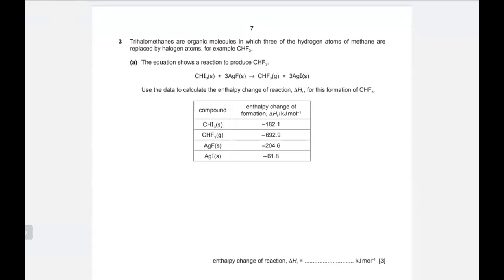They gave you all the formation enthalpies, so you can take the reaction enthalpy as the total formation enthalpy of products minus the total formation enthalpy of reactants.